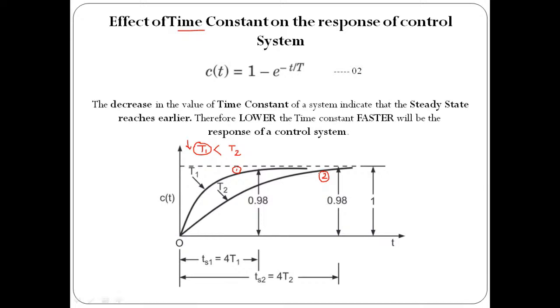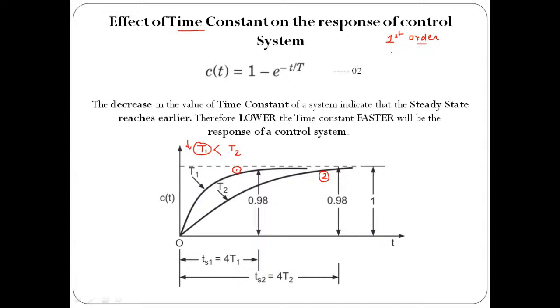That is very important. So so far in this course we discussed in detail what exactly the time response analysis of a system is, and how to find the time response analysis for first order control system. So what is first order control system?